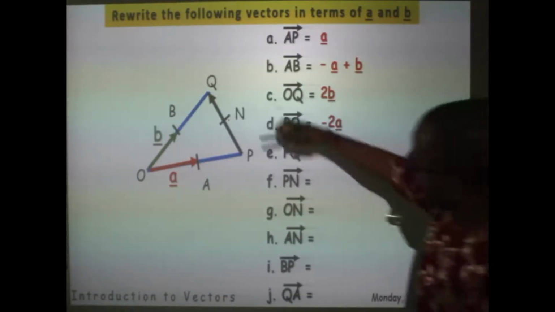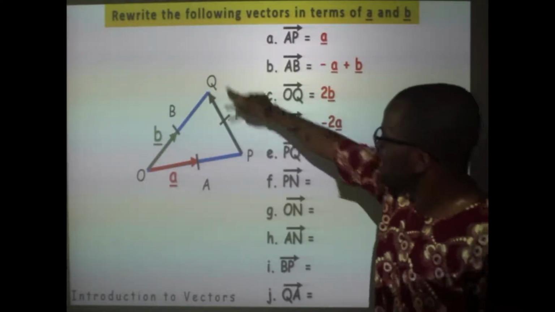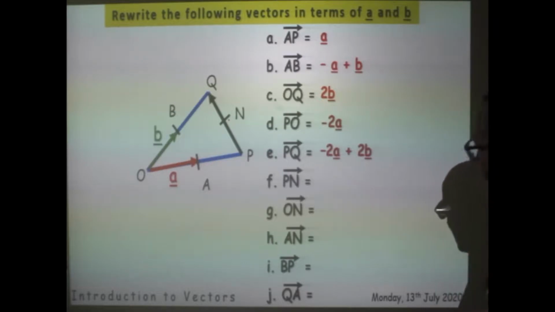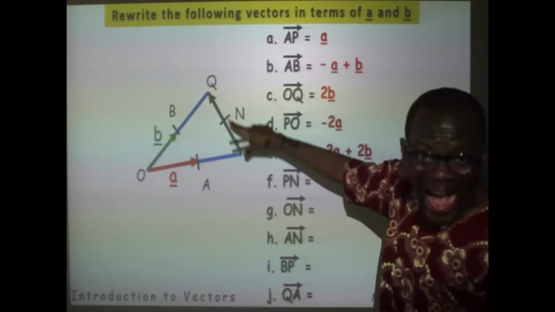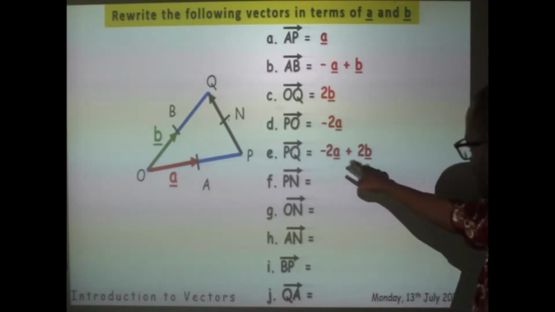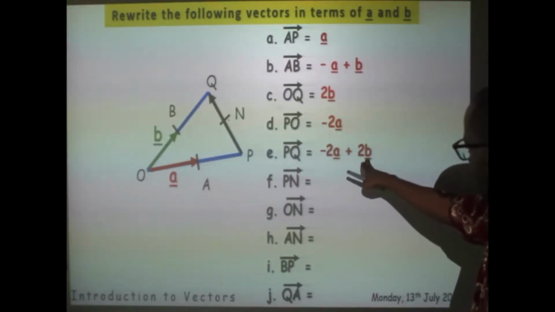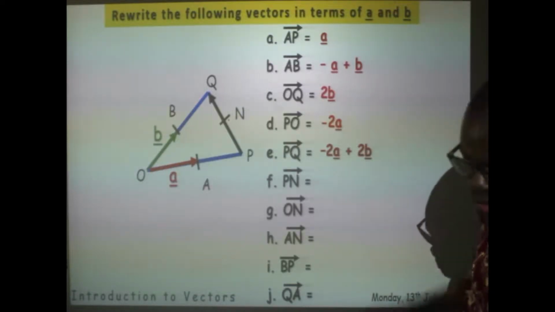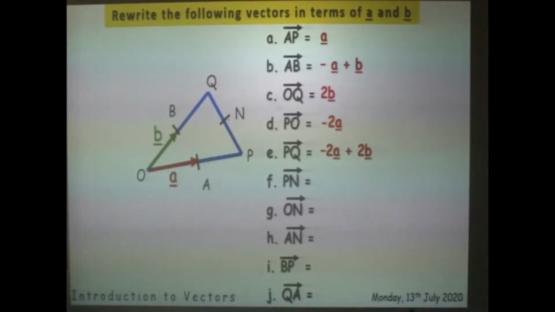What of PN? PN is half of PQ. So just divide that by 2 to get PN, because PN is half of PQ. When you divide all that by 2, you end up getting minus A plus B. Minus A plus B. Okay.